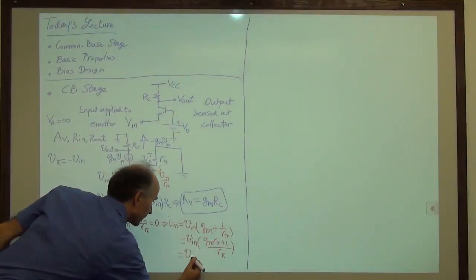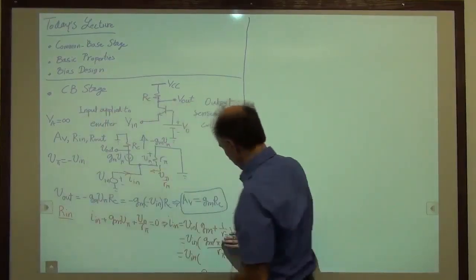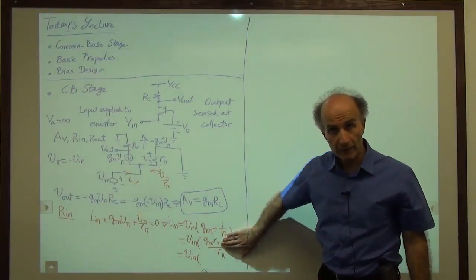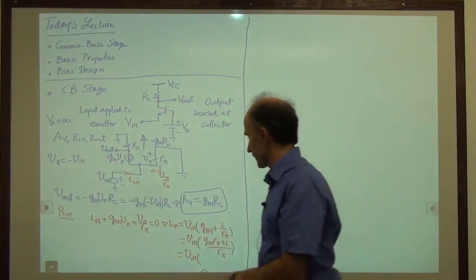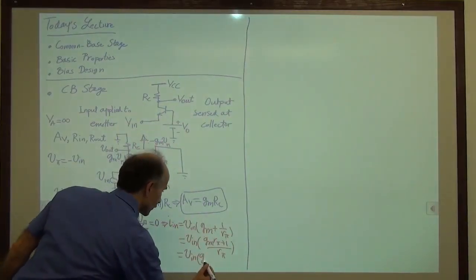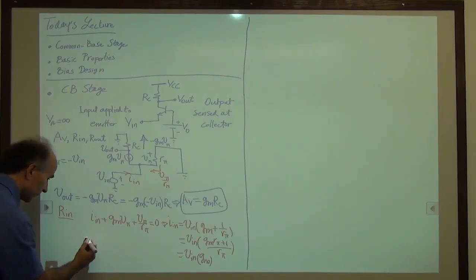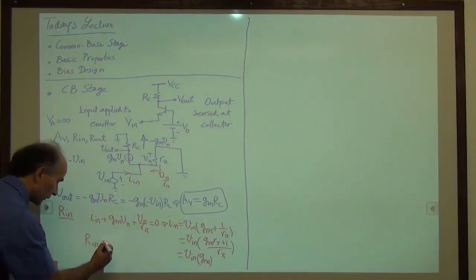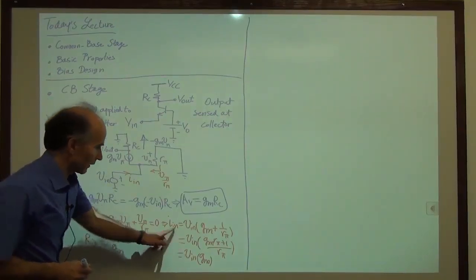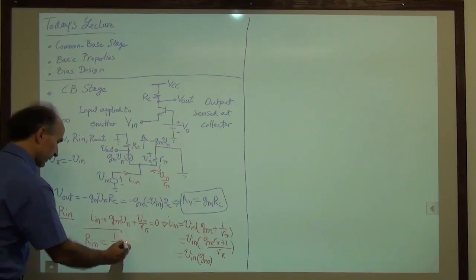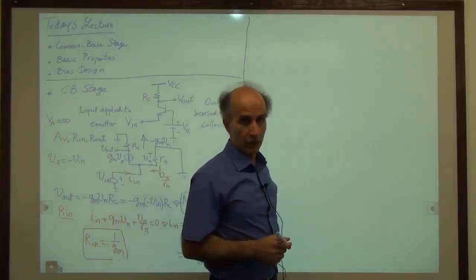So we have V in times, if I neglect this 1 here, because gm r pi is much greater than 1, I can cross out r pi with r pi, and that just ends up being equal to gm. So the final result is very simple. It says R in is equal to 1 over gm, because V in over I in is 1 over gm. So that is the input impedance of a common base stage.